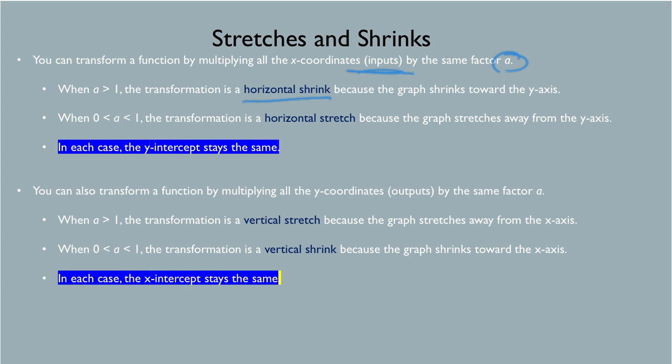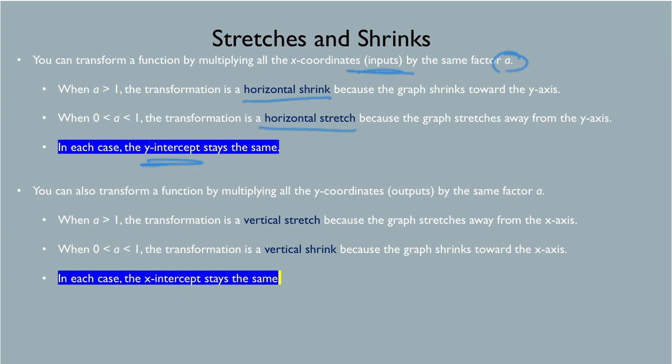When 0 is less than a and less than 1, the transformation is going to be a horizontal stretch, because the graph stretches away from the y-axis. In each case, the y-intercept stays the same.